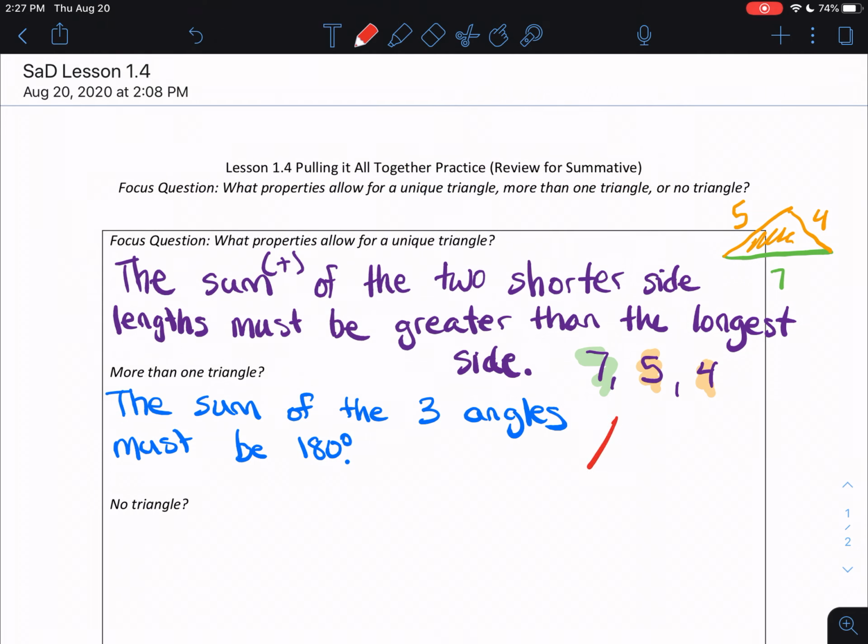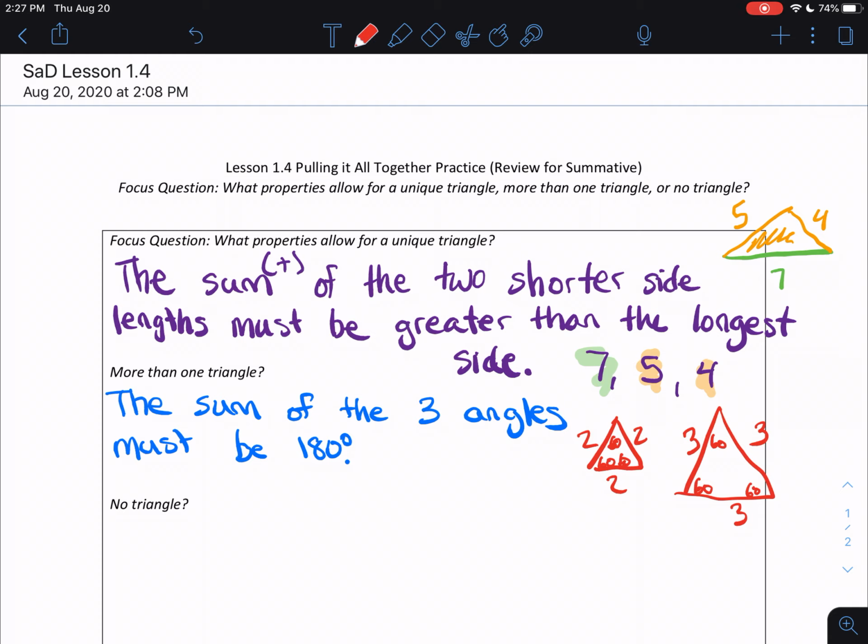Just think about equilateral triangles. I could have an equilateral triangle with all angles of 60 and all side lengths of 2, or all my angles are 60 again and this time all my side lengths are 3. Same angles, 60 plus 60 plus 60 equals 180, but two different triangles.